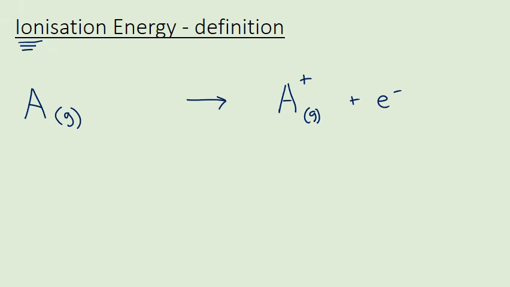So that's our definition, is going to be the energy required. So energy required to remove 1 mole of electrons from 1 mole of gaseous atoms to form 1 mole of gaseous ions. So that equation represents it quite nicely, but to verbalize it, it would be energy required. This does require energy. It's an endothermic process.